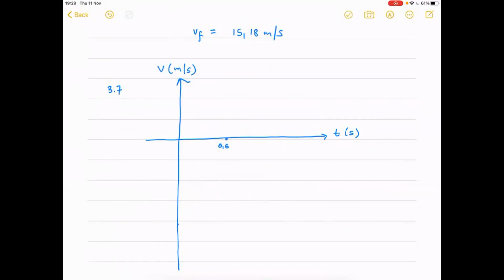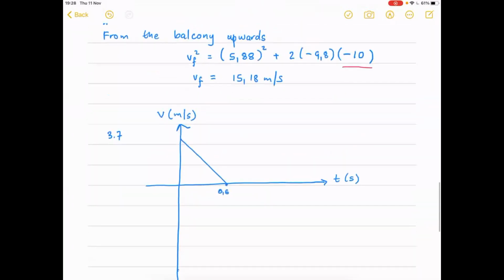So initially, when the ball is going up to its maximum height, it's moving upwards, so the velocity is positive. The velocity is like that. So I need to label this point as 5.88 because that's my initial velocity.